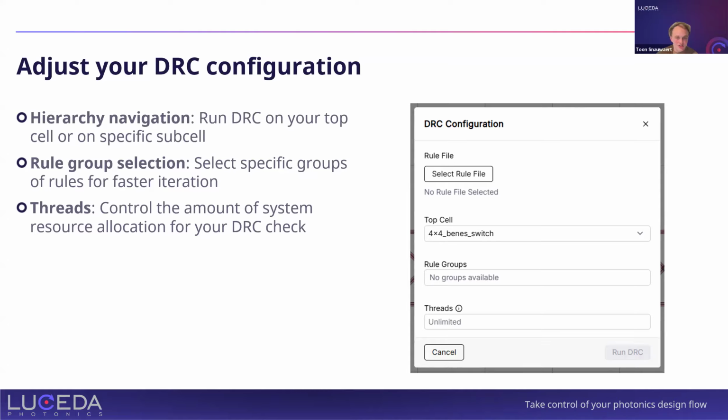Then you can also select different groups. So in order to have faster iterations of your DRC checks, you can choose which rules you want to run. And lastly, you can also control the amount of system resources that you use to actually run your DRC check by adjusting the threads.